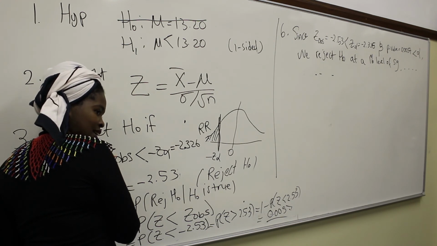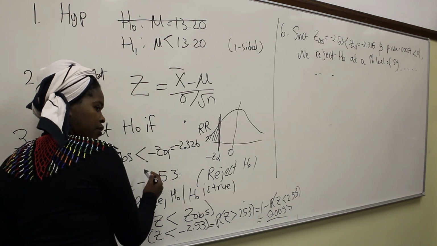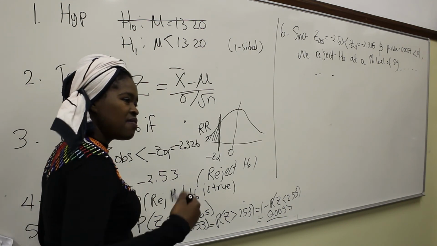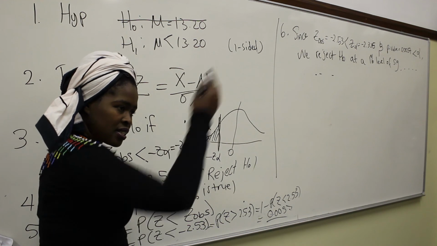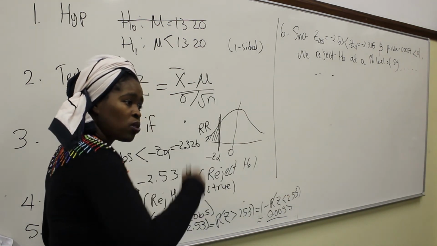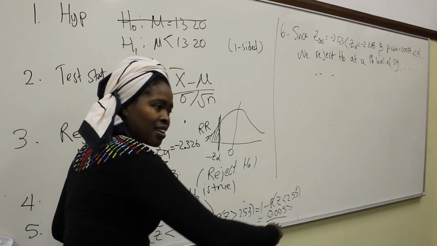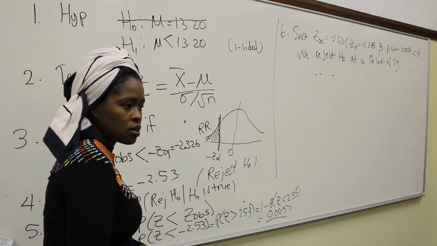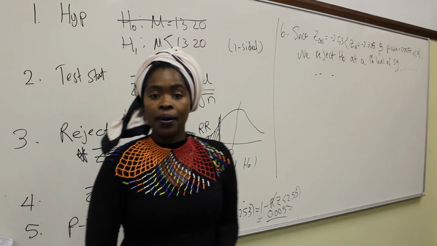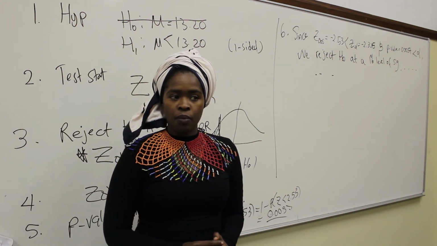And then even here, your main concern is whether the p-value is less than alpha. And then you're gonna say in your conclusion, since my p-value is less than alpha, or since my p-value is not less than alpha, I'm going to do this. Okay? Okay, that's it. That is hypothesis testing.